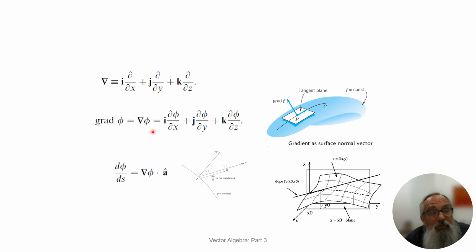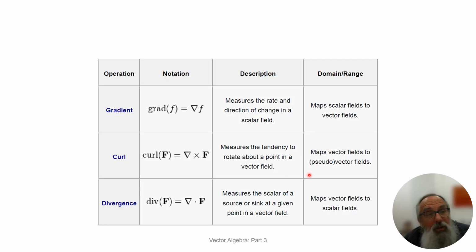Writing grad phi is a short way of writing this large vector notation out. So it simplifies things. And phi in a particular direction would be grad phi dot a, where a is the unit vector in the direction you're interested in. So that's simple notation to be aware of.